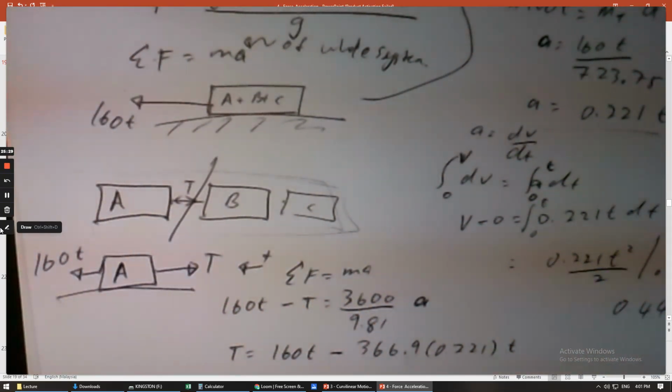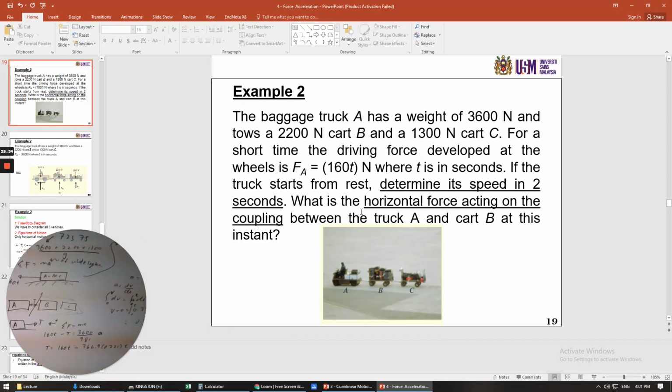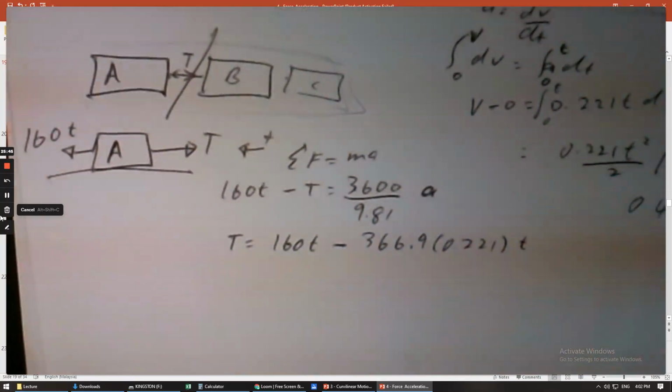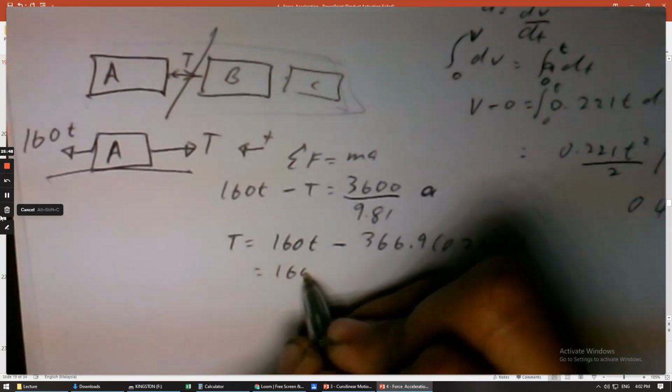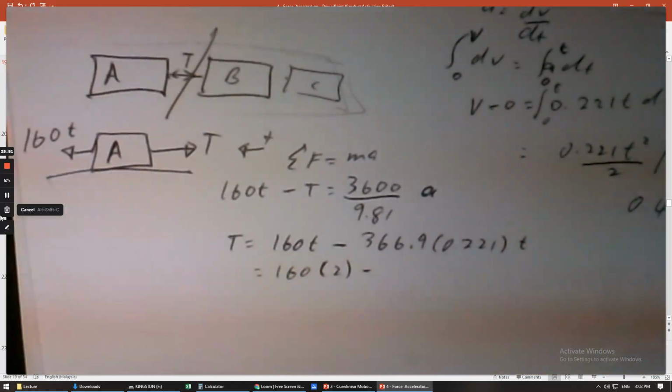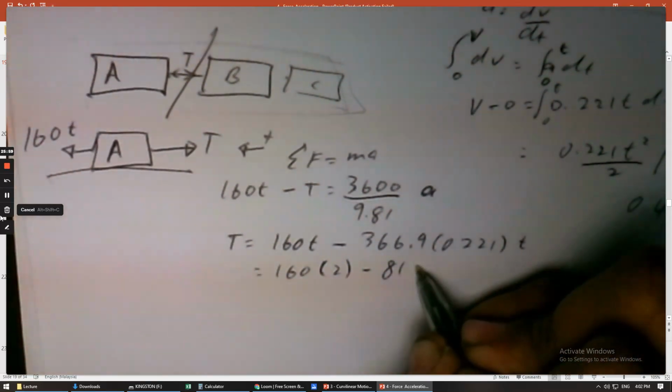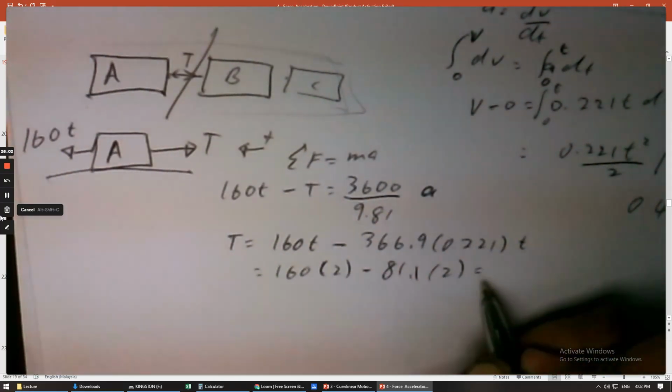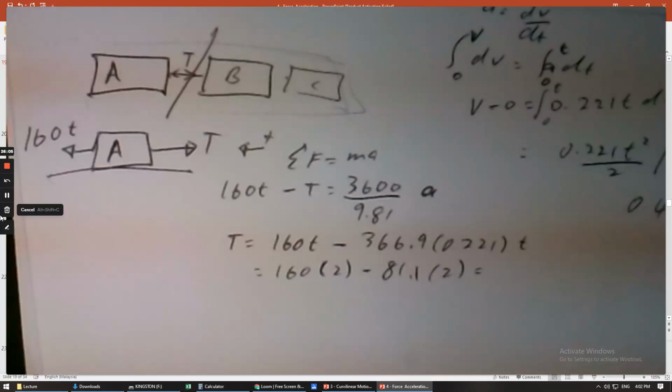So does it ask the tension at t equals 2? Horizontal force acting on the coupling between A and B at this instant. So at t equals 2, we just have to substitute that. 160 times 2 minus 81.1 times 2 equals, yeah, you can calculate that.